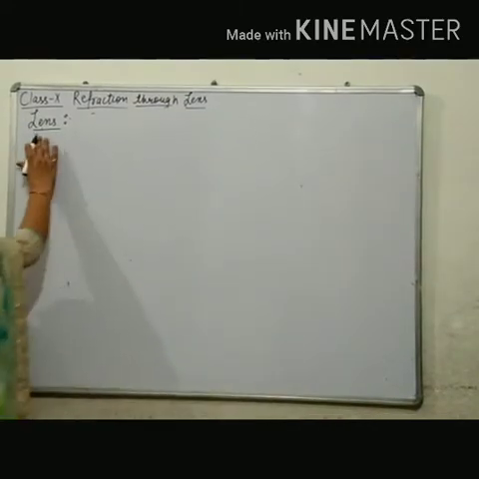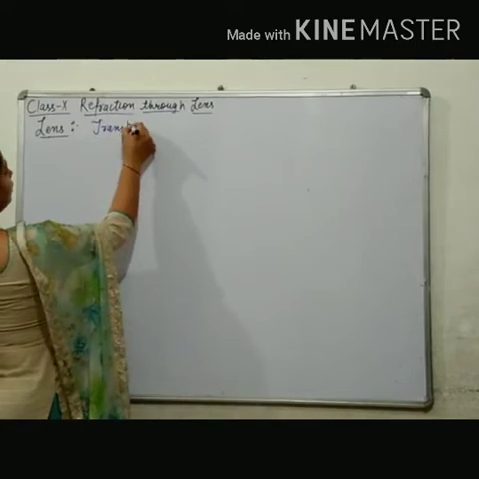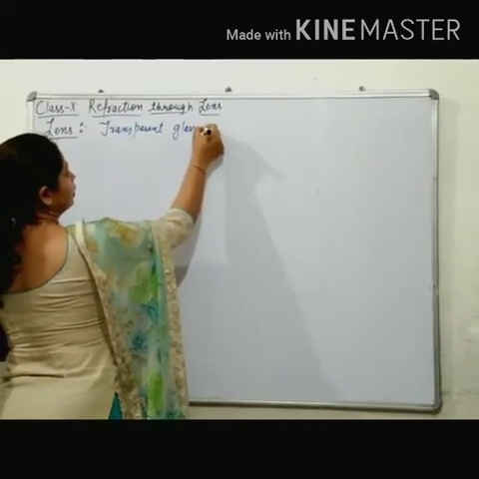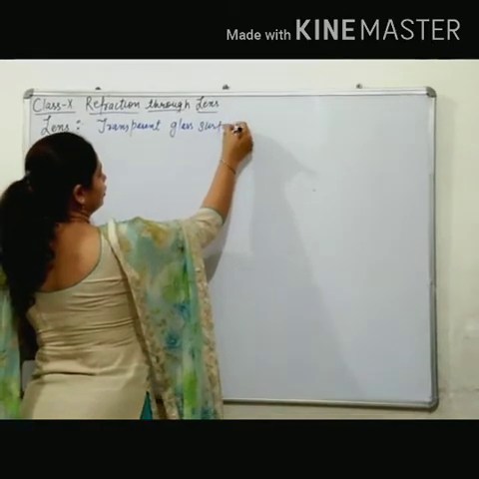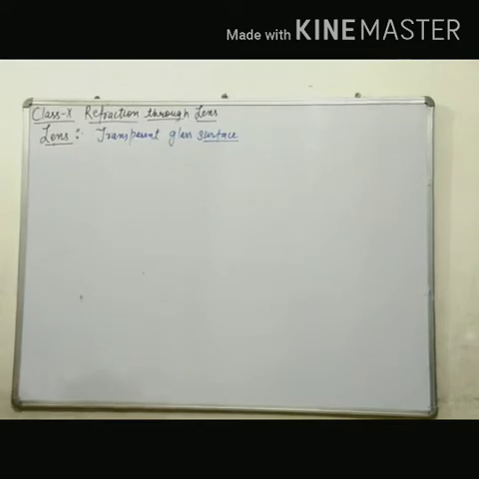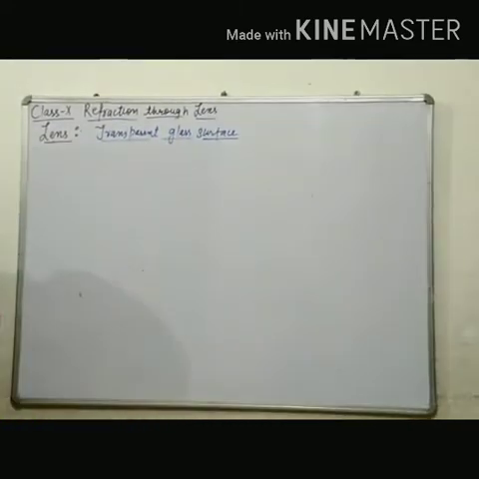So how can you define lens? Lens is a transparent glass surface. It means it is a surface that is transparent in nature, made up of glass.